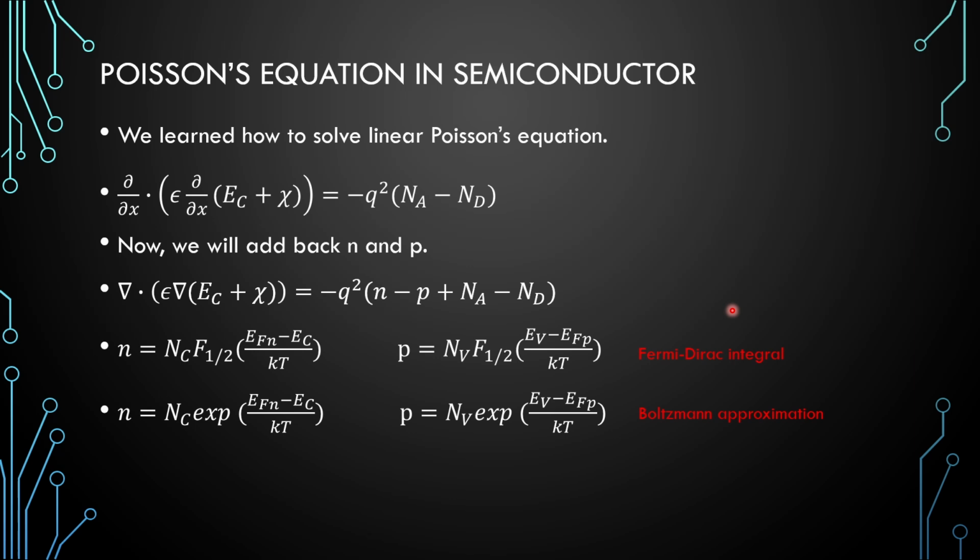This equation is nonlinear, since N and P are both nonlinear functions of EC and EV. It can be expressed using the Fermi-Dirac integral or using an exponential by Boltzmann approximation. Note that in this lecture, we still assume complete ionization to simplify our calculation.